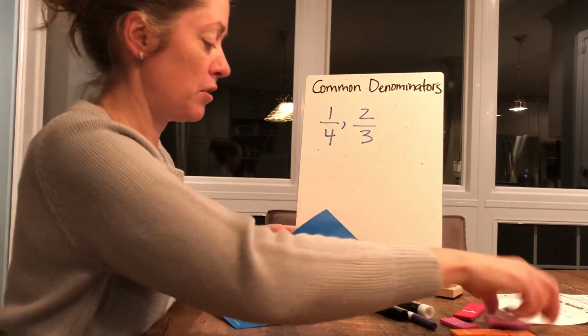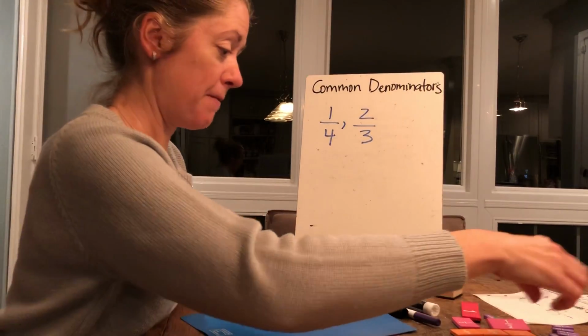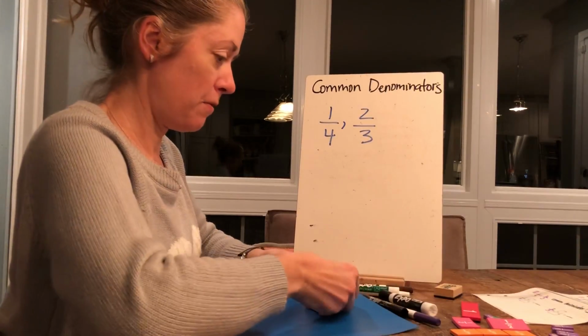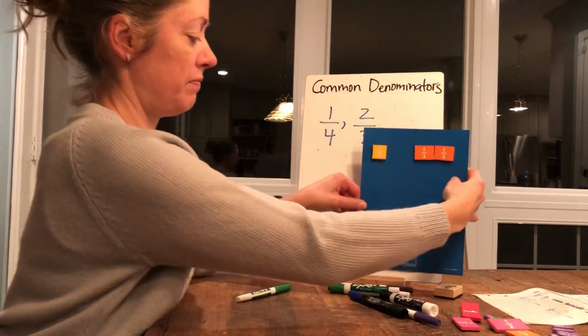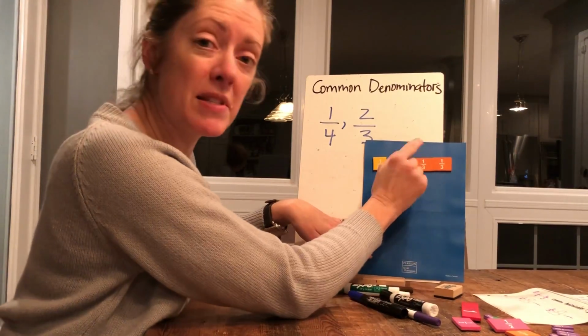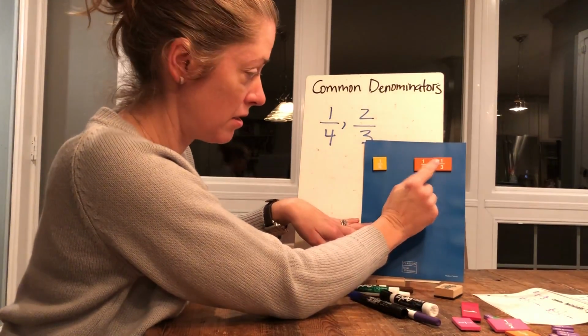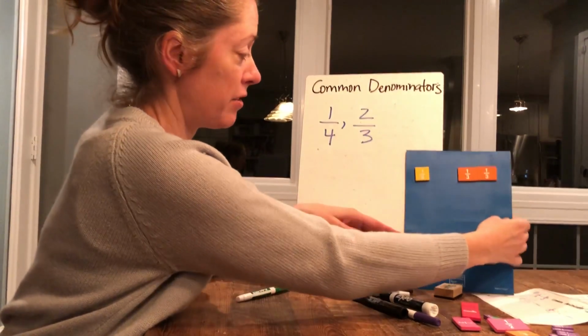We can do it here too if you want, if that helps you to figure it out. Remember, we have the 1/4 and 2/3, right? We want to make them all have the same size piece, which is also known as finding a common denominator.